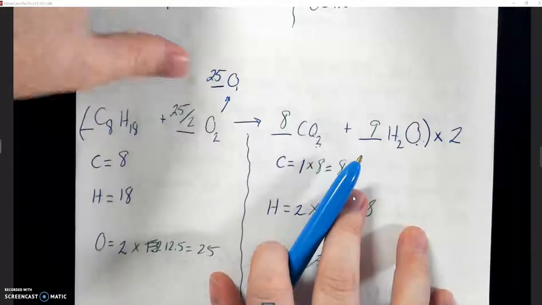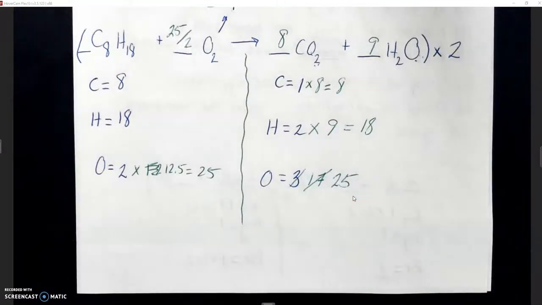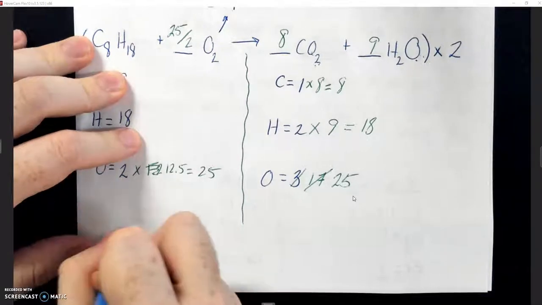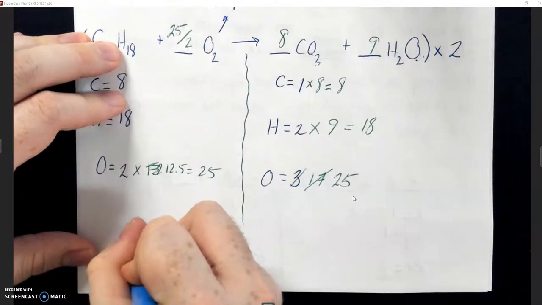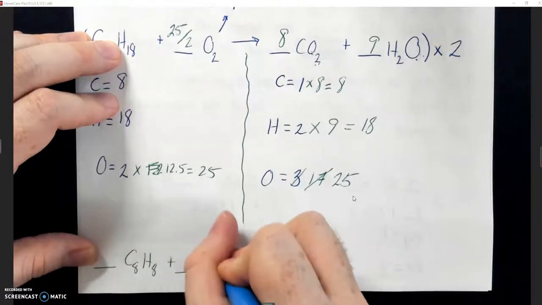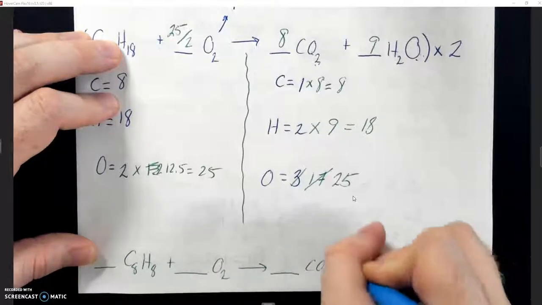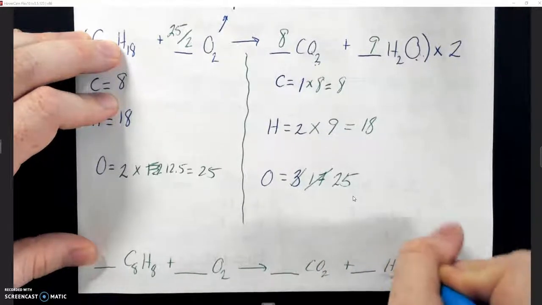And I'm going to come down here and rewrite the equation so you can see how the new balanced one works. We have a blank C8H18 plus a blank O2 reacts to form blank CO2 plus blank H2O.